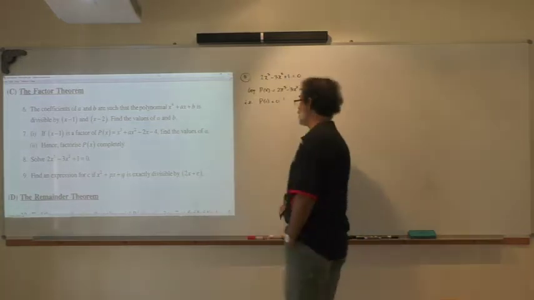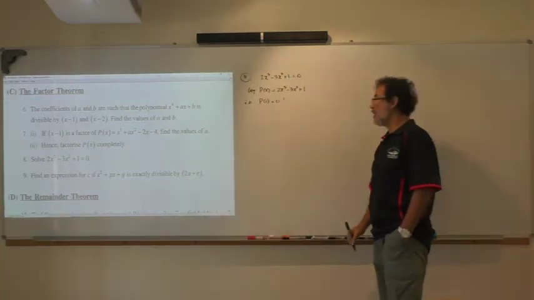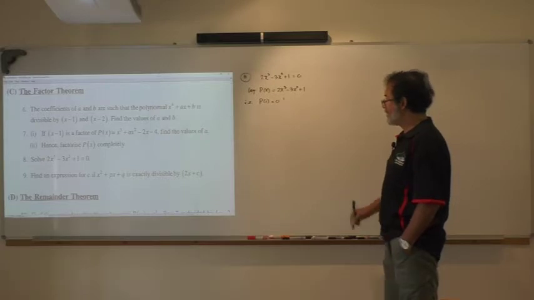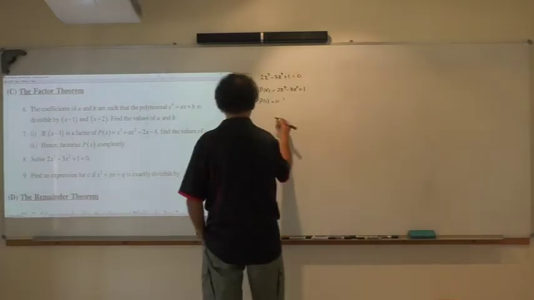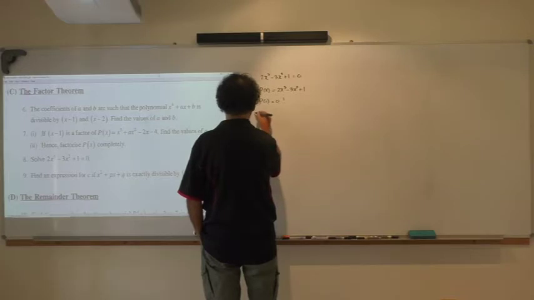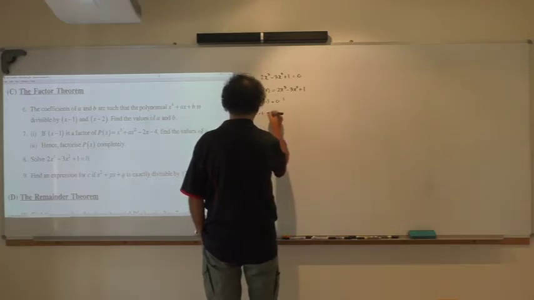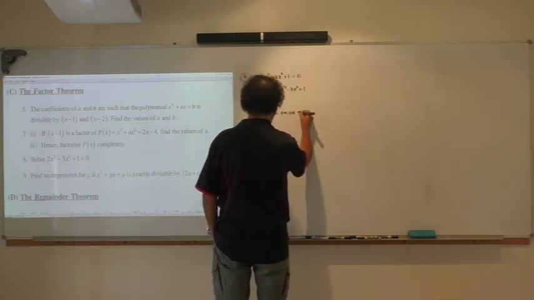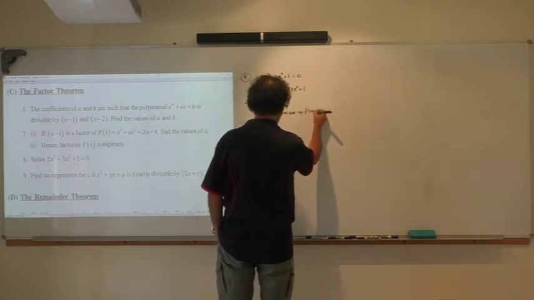Great news. All right, and then because p of 1 is equal to 0, then by the factor theorem, therefore we can say that x minus 1 is a factor of p of x.